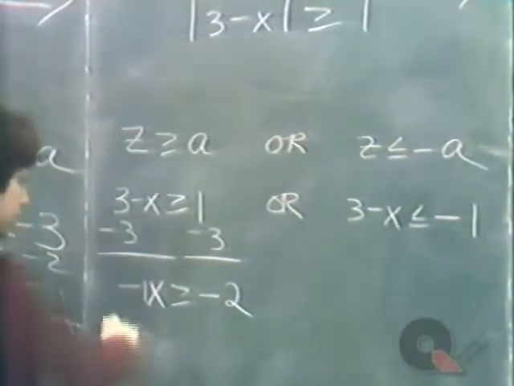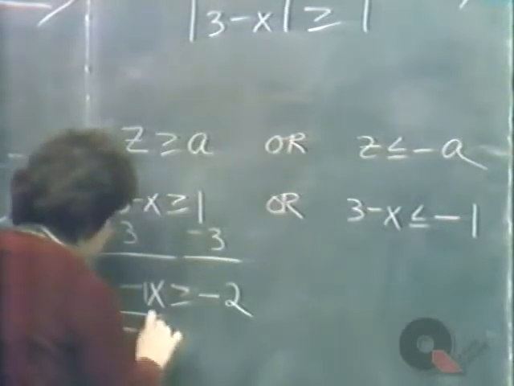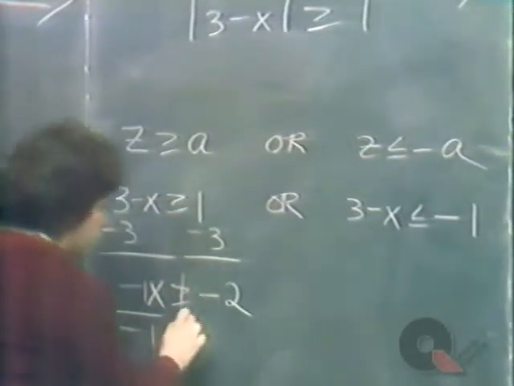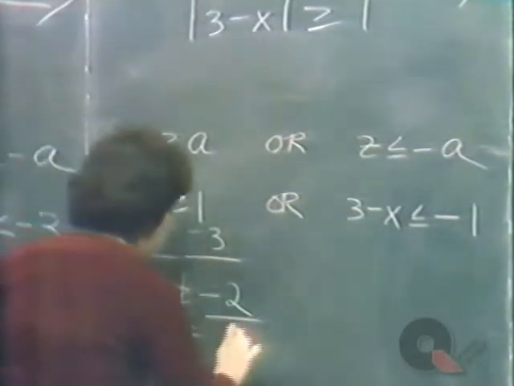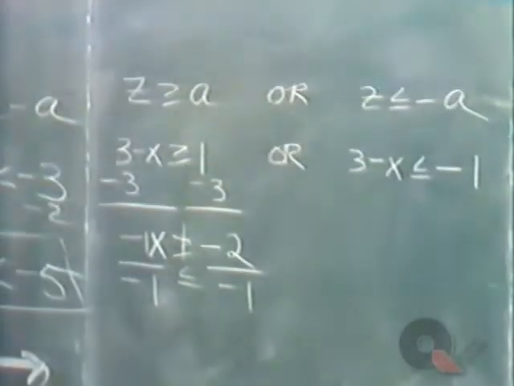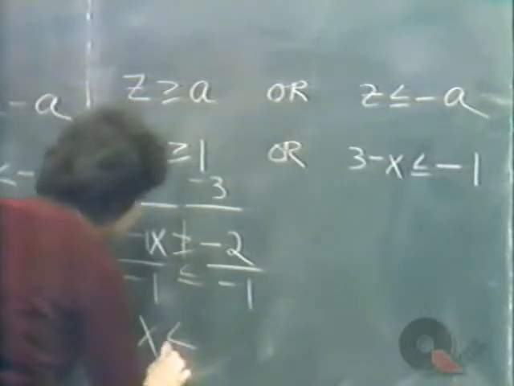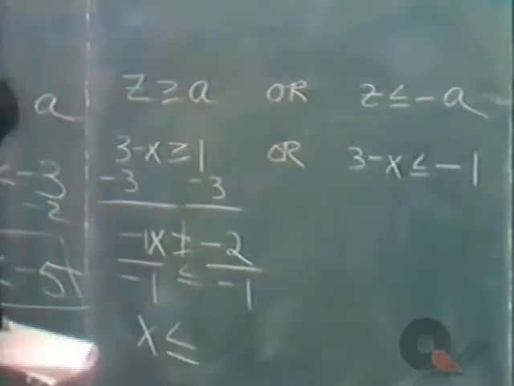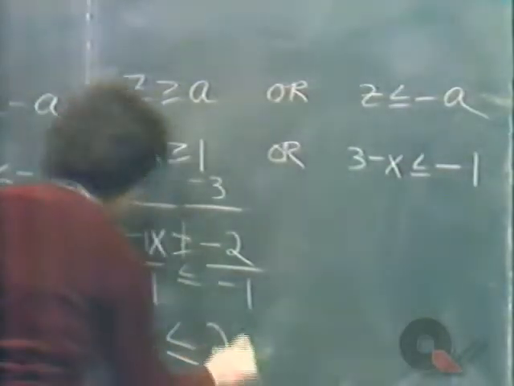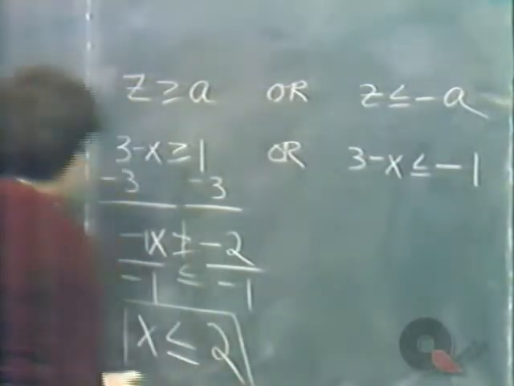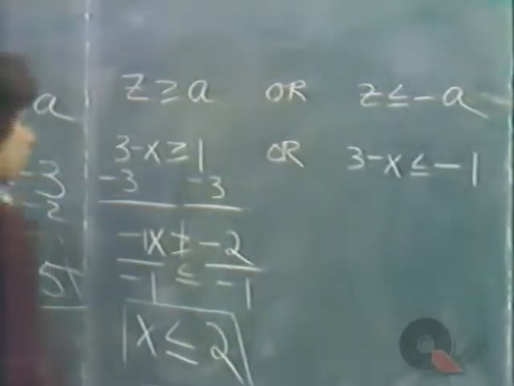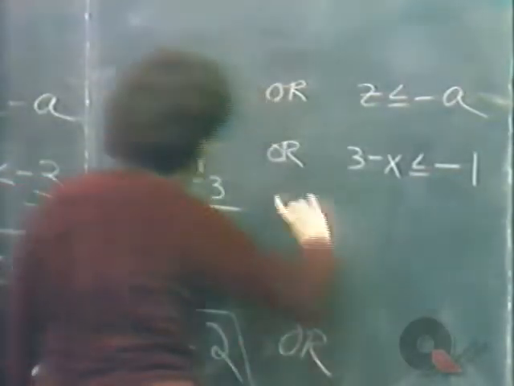We will divide all parts by minus 1. And in doing so, we change the greater than or equal, we make it a less than or equal. And here we divide by minus 1 as well. Here we get x less than or equal to, now minus 2 over minus 1 is plus 2. So we get x less than or equal to 2, or, and now let's solve the other one.